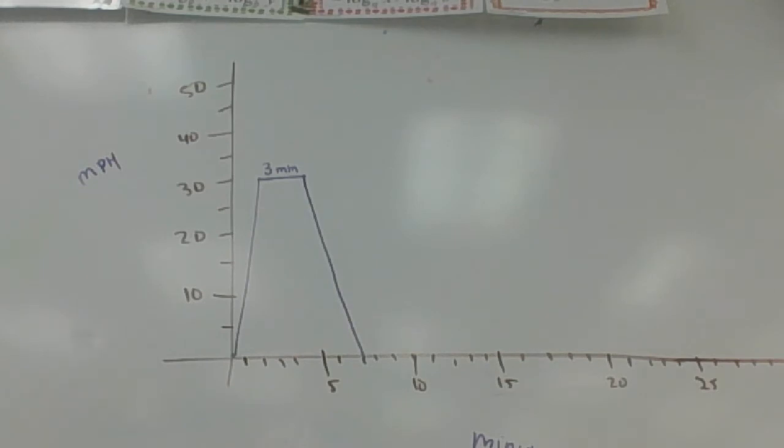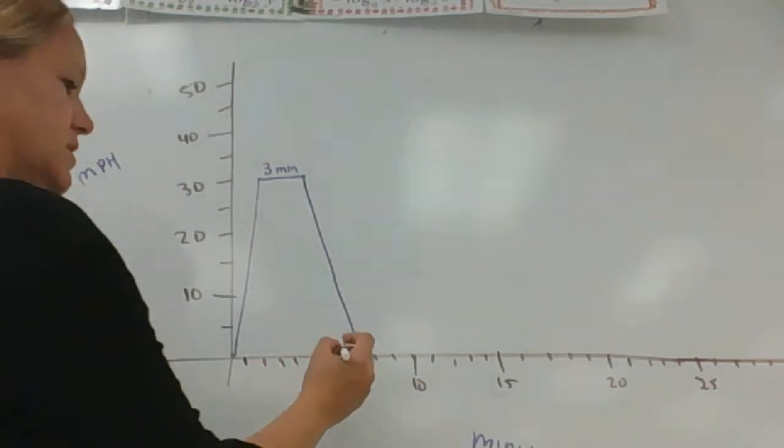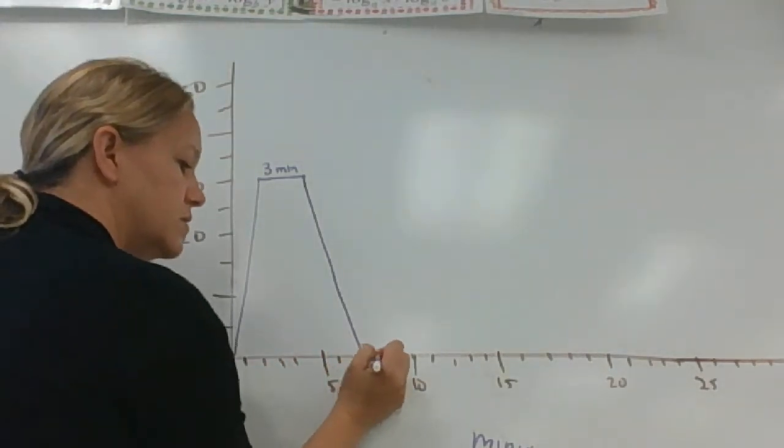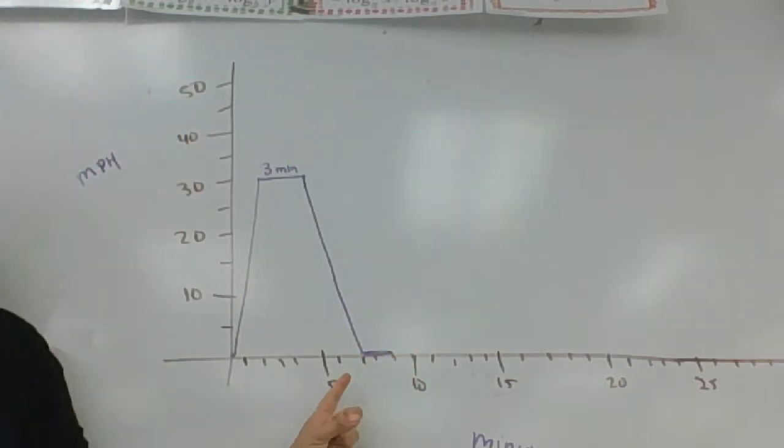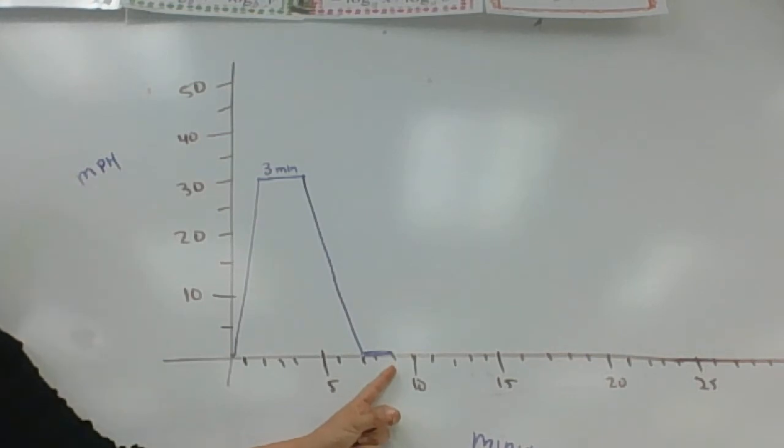After 2 minutes, when the light turns green, it turns onto a major road and accelerates steadily to 45 miles per hour. So I'm going to show 2 minutes down here not moving. Even though the line's going forward, that just means time is going on and there's no speed.